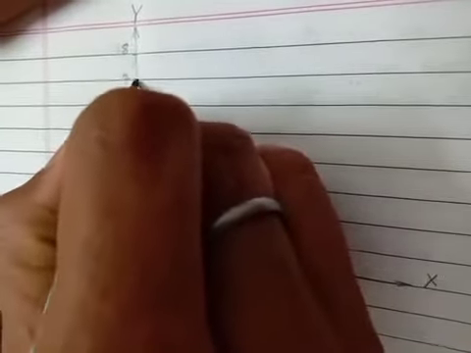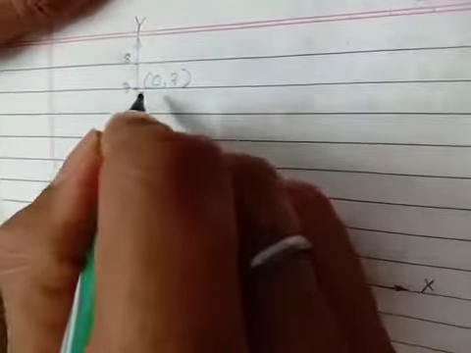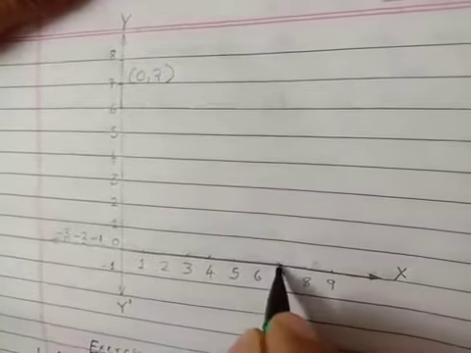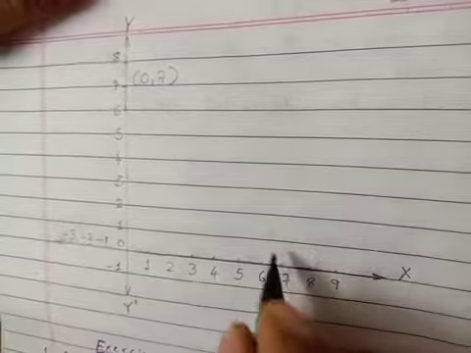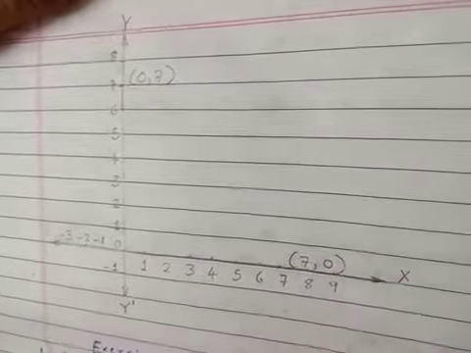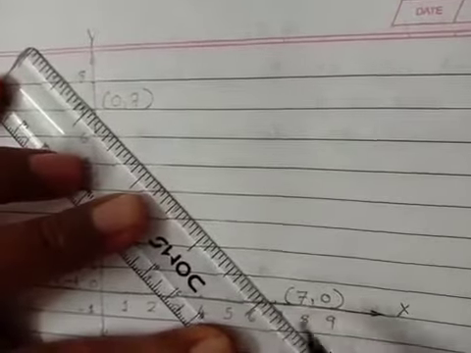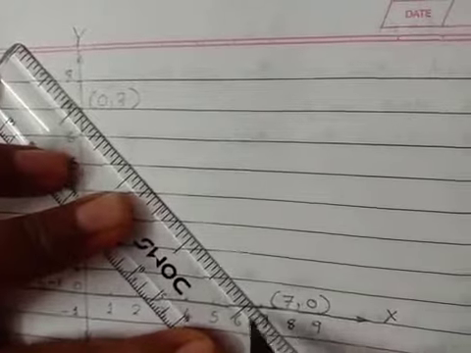This point is 0, 7. We have learned this in chapter 3, coordinate geometry. Now when we put the value of x as 7, we get the value of y as 0, so this point is 7, 0. Now let's join both these points, 7, 0 and 0, 7.